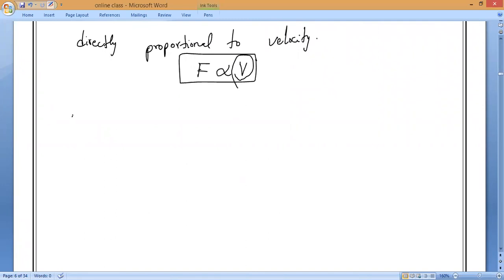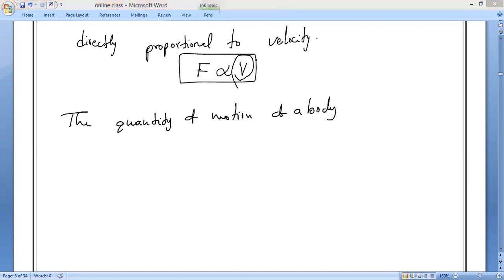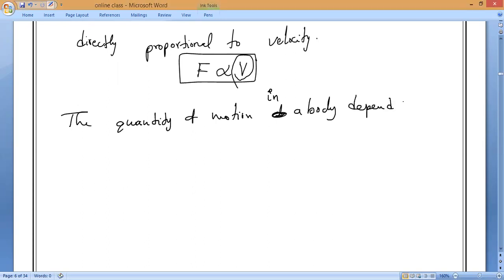The quantity of motion of a body depends on the mass and velocity of the body.